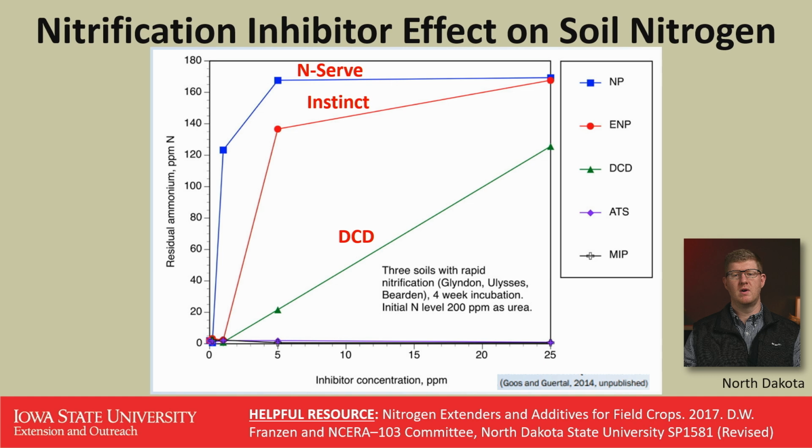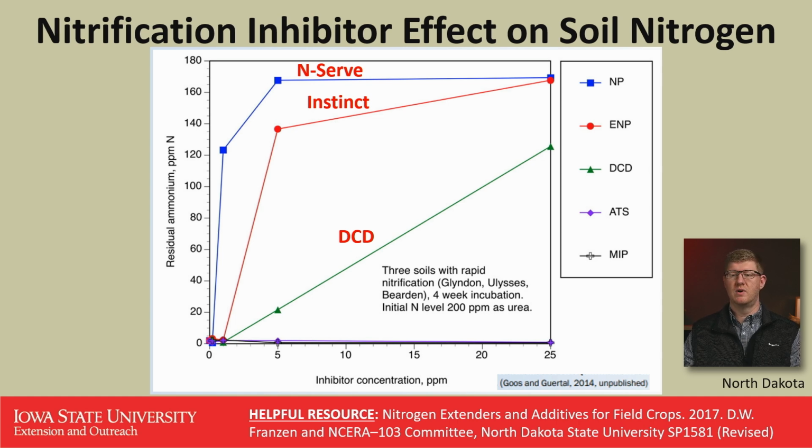Then the other thing that I want to point out on this figure is that quite often there's a thought that ammonium thiosulfate may provide some nitrification inhibitor properties. I know personally a lot of farmers that use ATS. They're not necessarily using it for nitrification inhibition, but they are being told that it can provide some of those inhibitor properties.